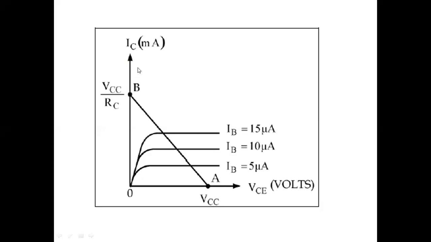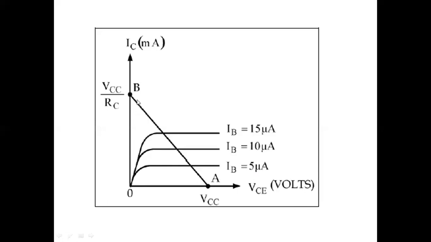On the y-axis we take the output current, that is the collector current, which is measured in milliamperes, and the voltage is measured in volts. These are the output characteristics of the common emitter configuration. We have different plots for different base current values, for example 5 microamperes, 10 microamperes, and 15 microamperes.